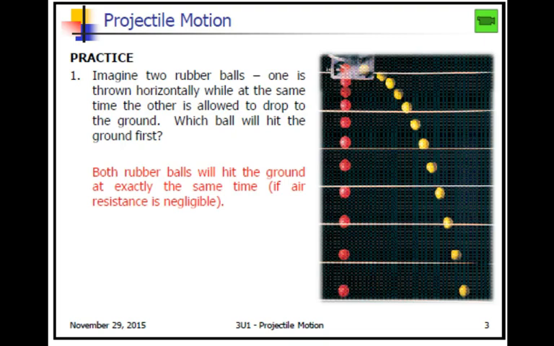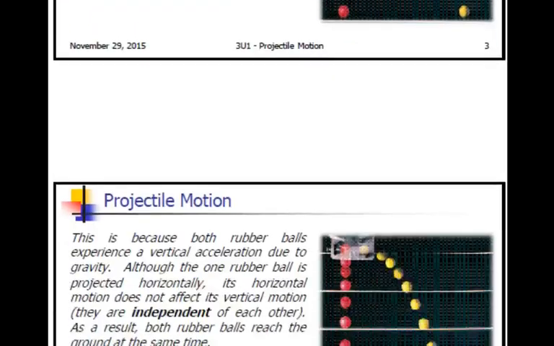The horizontal velocity of an object is independent of its vertical acceleration. So what I basically just said is that both objects will fall at the same acceleration, regardless of what their initial velocity is in the horizontal direction.